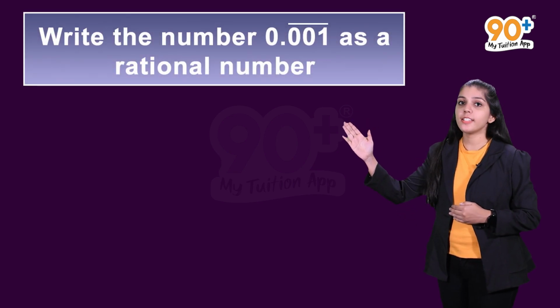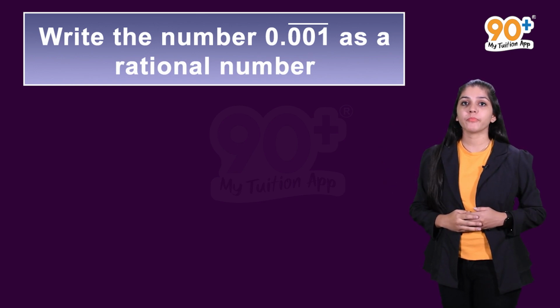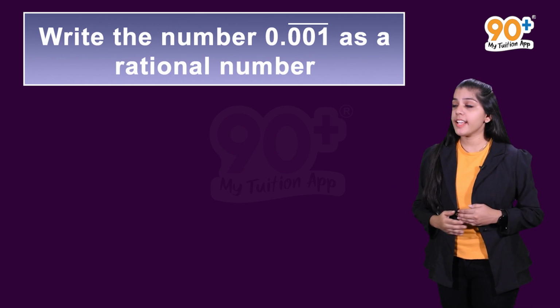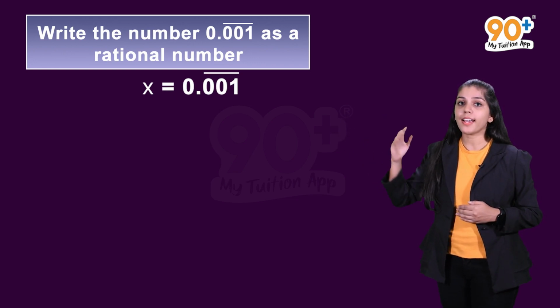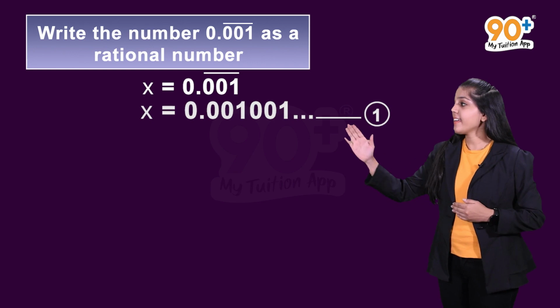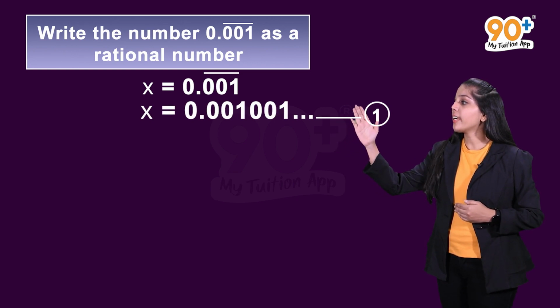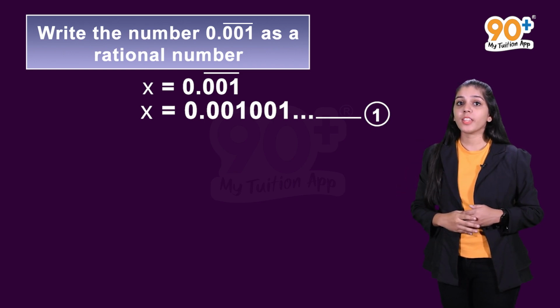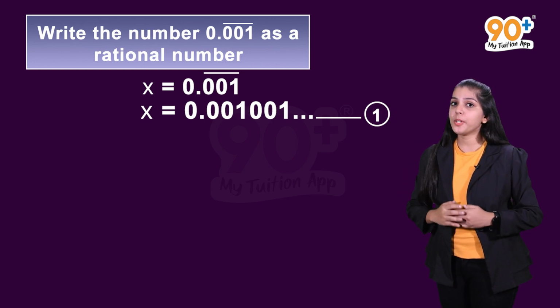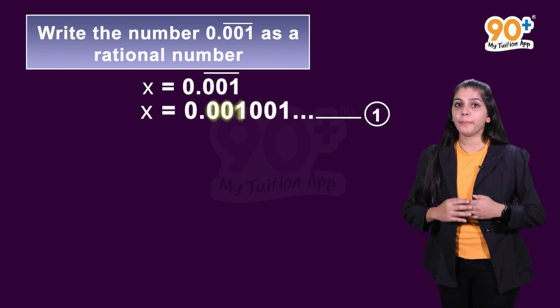Write the number 0.001 bar as a rational number. Students, first let us take x is equal to 0.001 bar. That means x is equal to 0.001001 and so on. Observe that after the decimal point, 3 numbers are repeating.